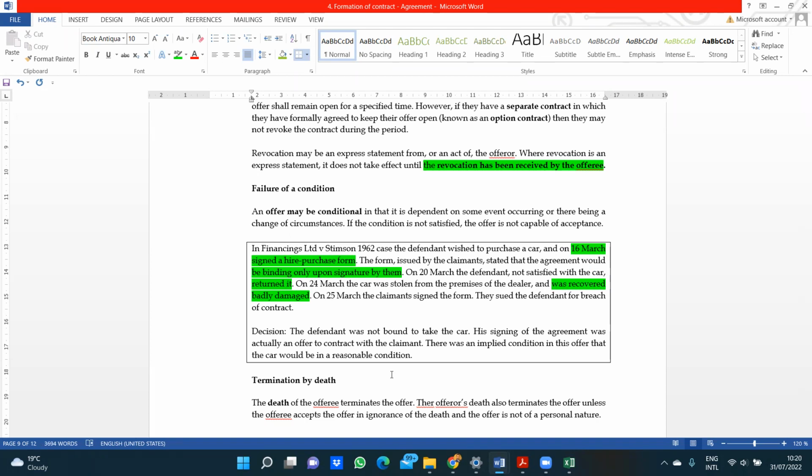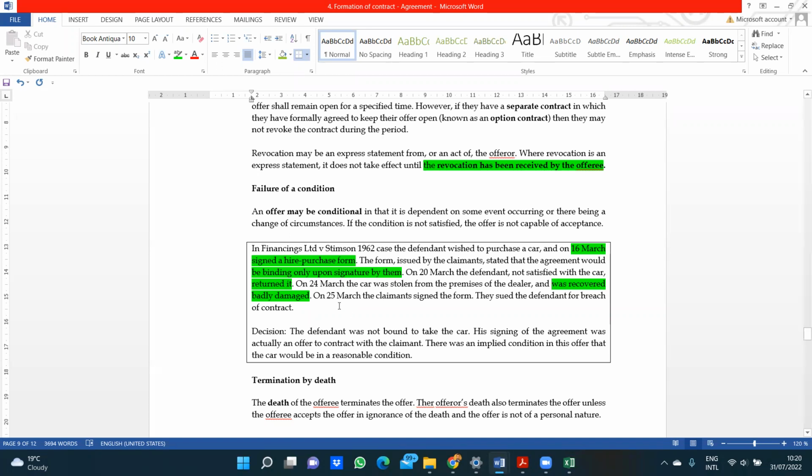First, on 16 March, the defendant signed the hire purchase agreement. On 20 March, the defendant returned the car because he was not satisfied with it. And on 24 March, the car was stolen and badly damaged.